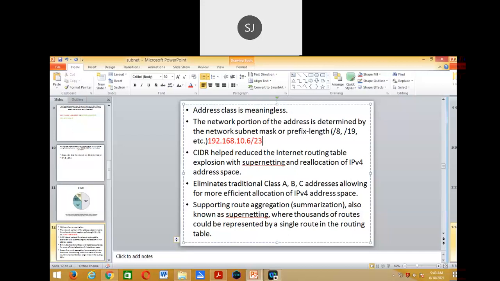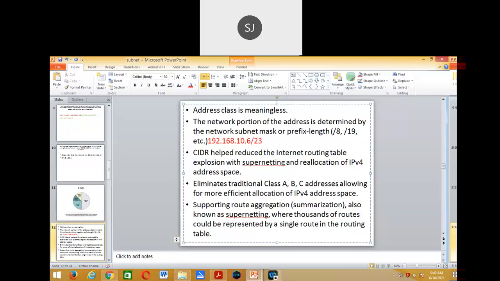Make the host ID bits 0 and all the remaining bits 1.